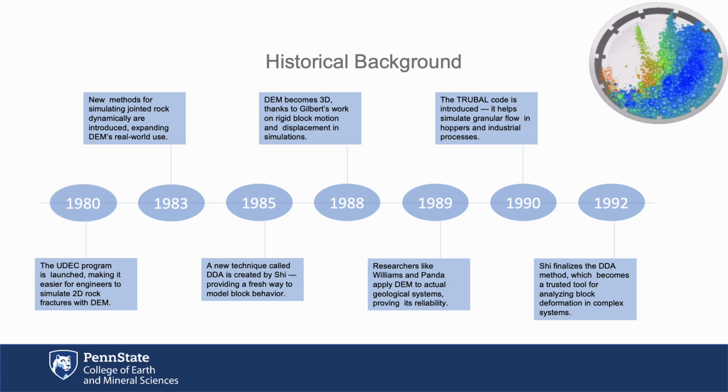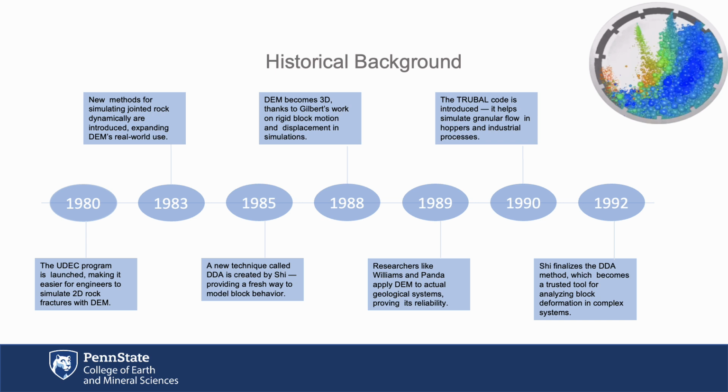In 1988, a researcher named Gilbert created the first version of 3D DEM. This allowed engineers to simulate block motion in three dimensions, which was a big improvement in DEM.